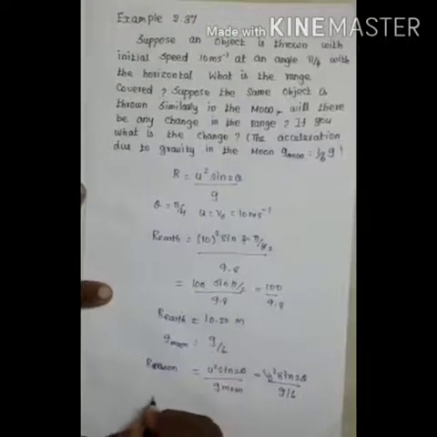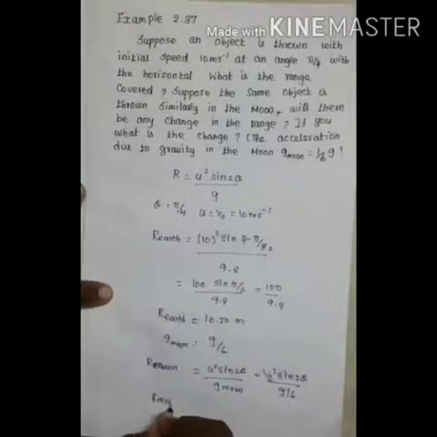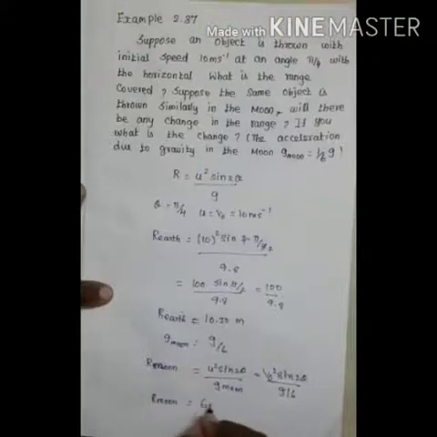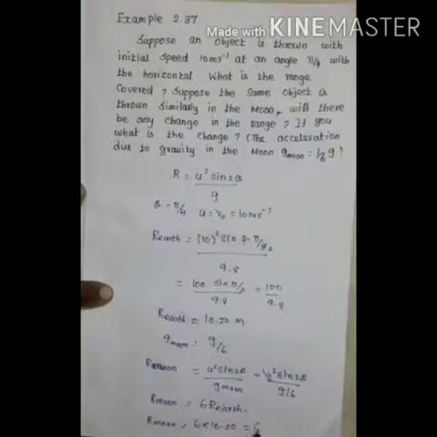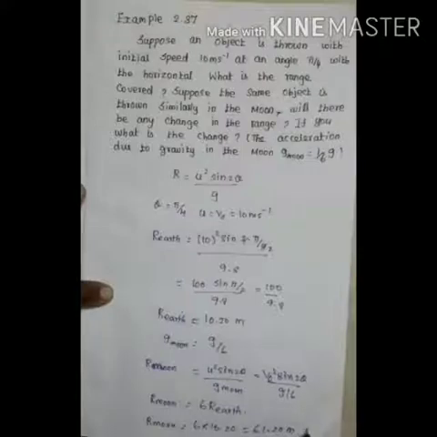Simplifying, R moon is equal to 6 times the range on earth. Therefore, R moon is equal to 6 into 10.20, which is 61.20 meter, approximately 60 meter. The range attained on the moon is approximately 6 times that on the earth.